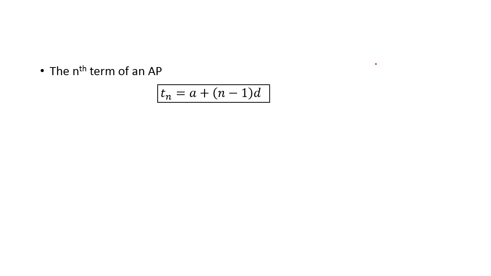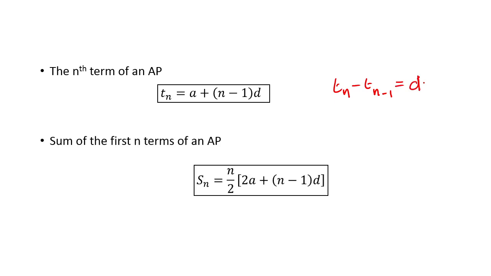And to show that a sequence of numbers is an arithmetic progression or not, what we have to do is just show that Tn minus Tn minus 1, the difference between any two consecutive terms, is constant, and that constant happens to be the common difference. Then in the previous module we defined the sum of the first n terms of an arithmetic progression, which is given by the formula n upon 2 into (2a plus (n minus 1) into d).